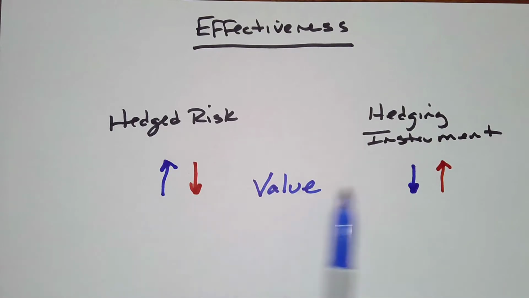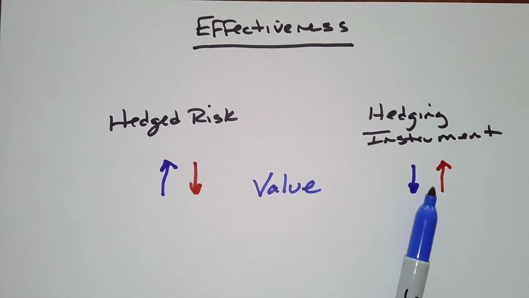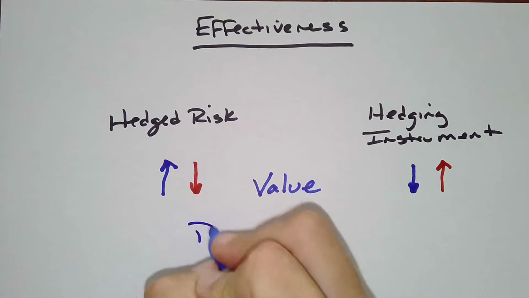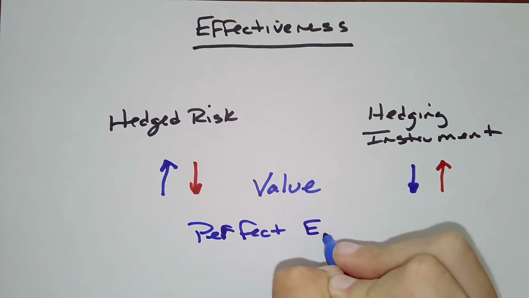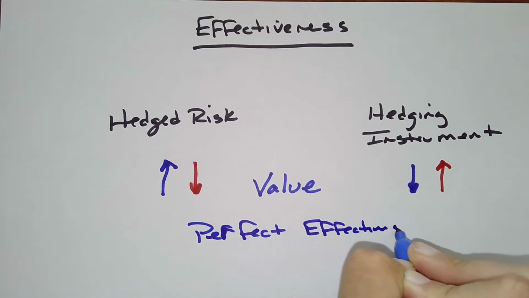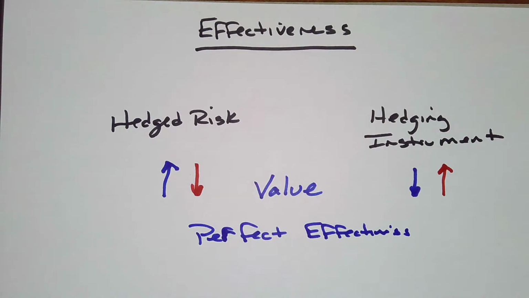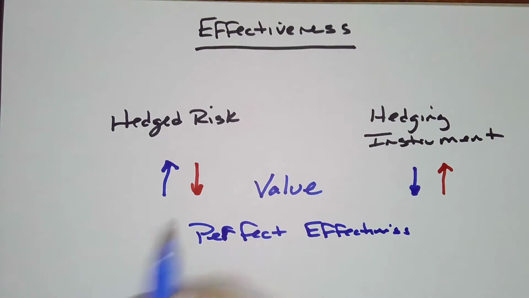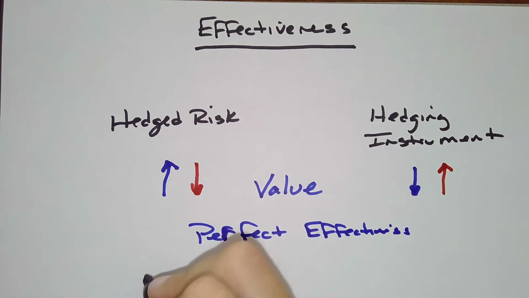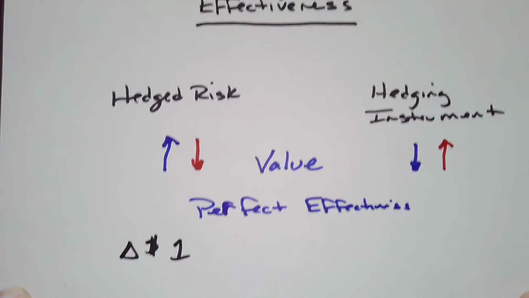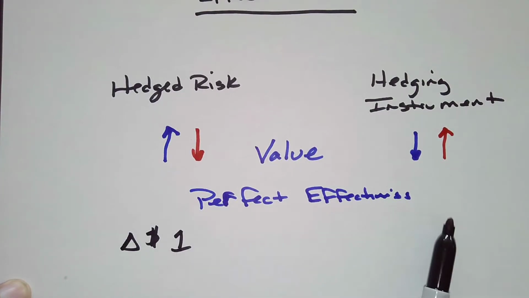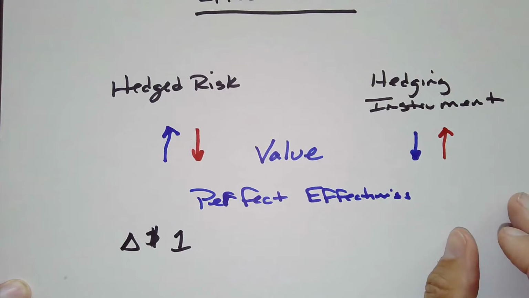And now I've got to evaluate how effective this is. So if I want this to be perfectly effective, perfect effectiveness. When this goes up or down by $1, how much should the hedging instrument change?